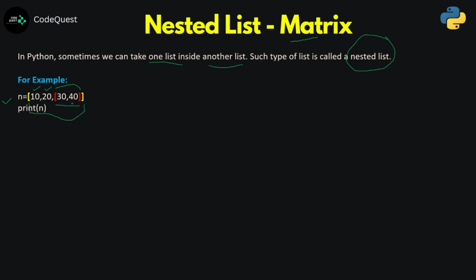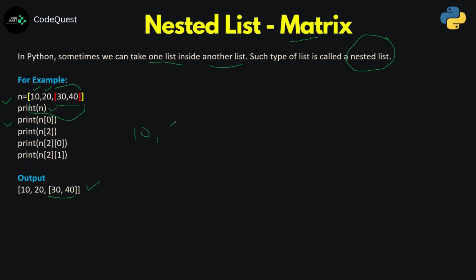Now, when I print this, I'll be getting 10, 20 and the third item as a list itself. So we have 10, the second item is 20, and then we have a list here.